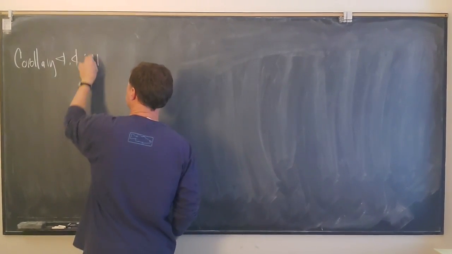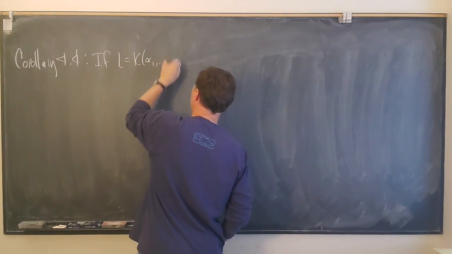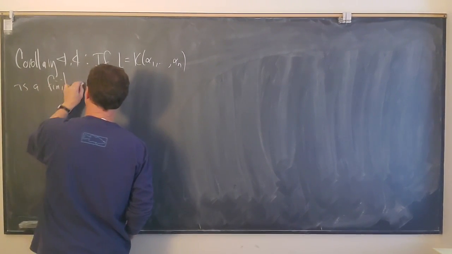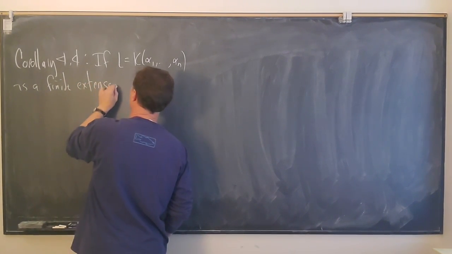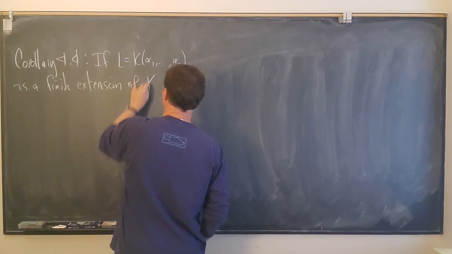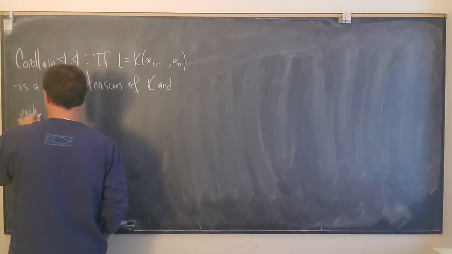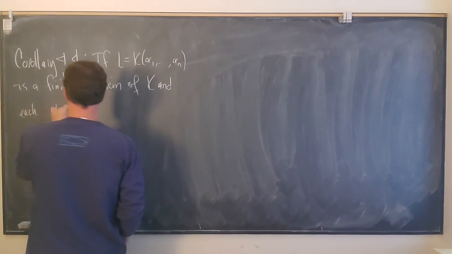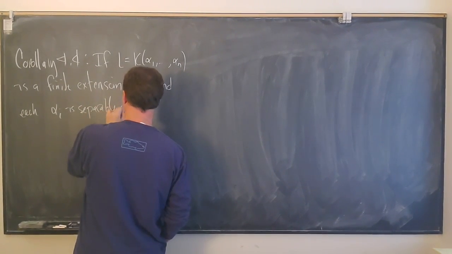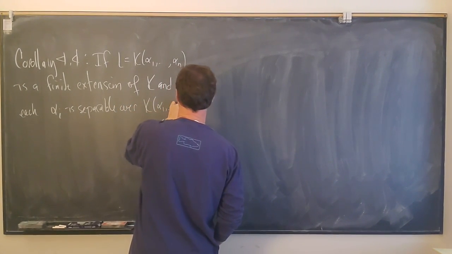So if L equals K adjoin alpha 1 up through alpha n is a finite extension of K, and this is going to look a little bit weird, and each alpha I is separable over K adjoin alpha 1 up through alpha sub I minus 1.